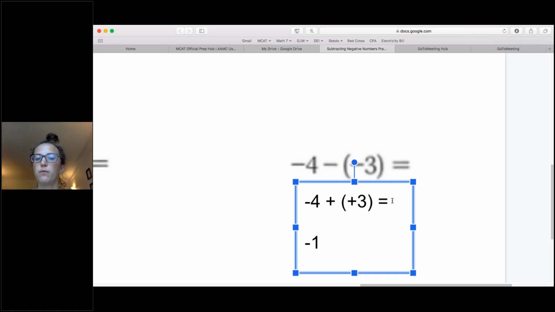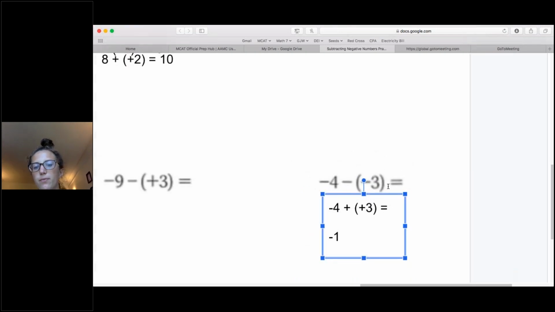Yeah, negative 1. So we subtract the absolute values of the positive versions, that's 4 minus 3. You're subtracting here because their signs are different. The last one we added because the signs are the same, so we keep it as an addition problem. When the signs are different, that's telling us to find the difference or subtract them. And then you saw the 4 is bigger, so it's going to be negative.